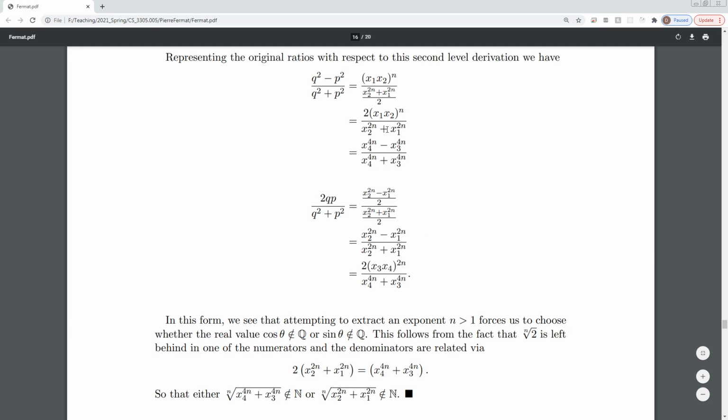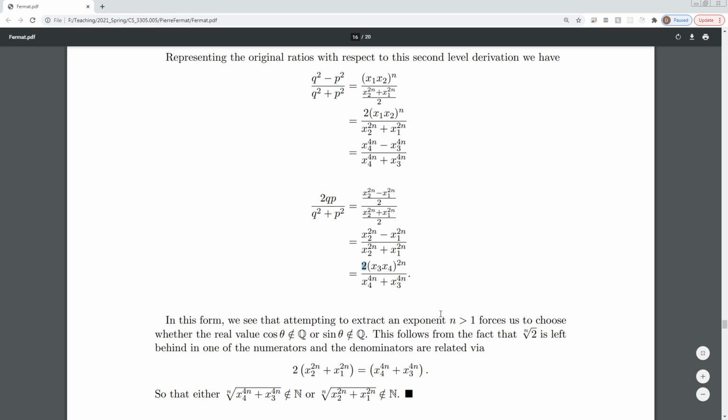However, now that we've applied this twice, we have this form and we have this form. And so we can see that somewhere along the line, regardless of how many exponents you're able to pull out of here, you're going to end up with a 2 in the numerator. So that if you try and pull out this exponent n and promote it, you're going to end up with a radical rather than a rational value.